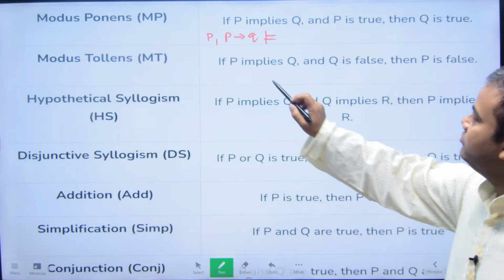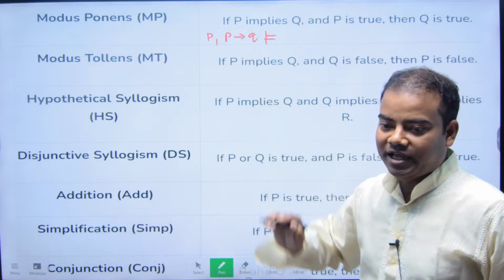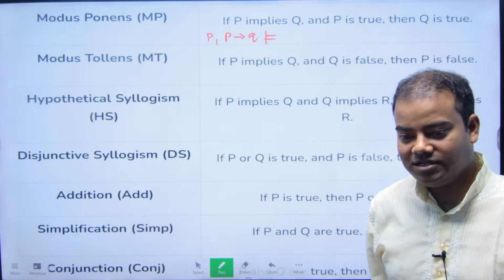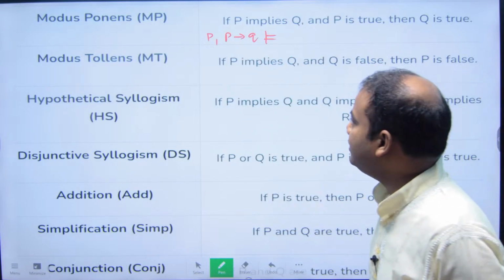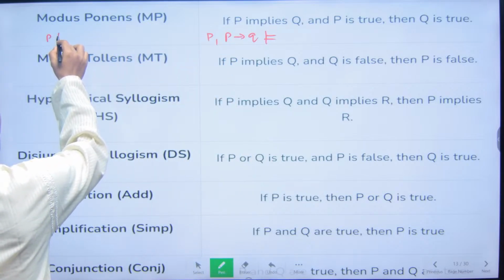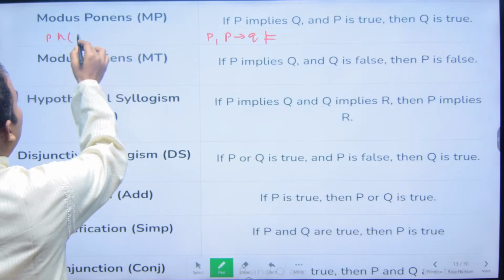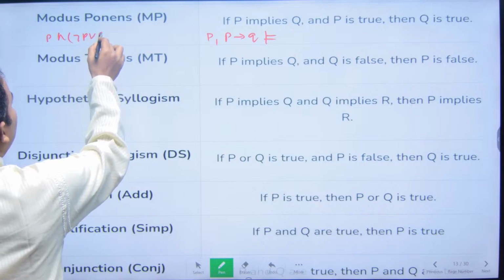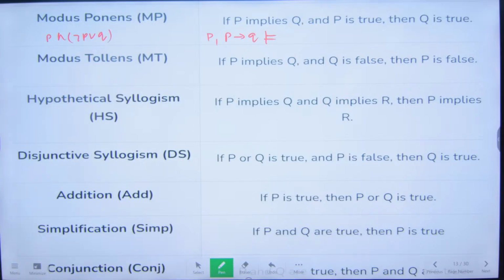So what is the conclusion? If P is given true and if P then Q is given. How to do that? So P is also true and not P or Q is given. This is given. So apply the distributive law to this. You know what the distributive law is?